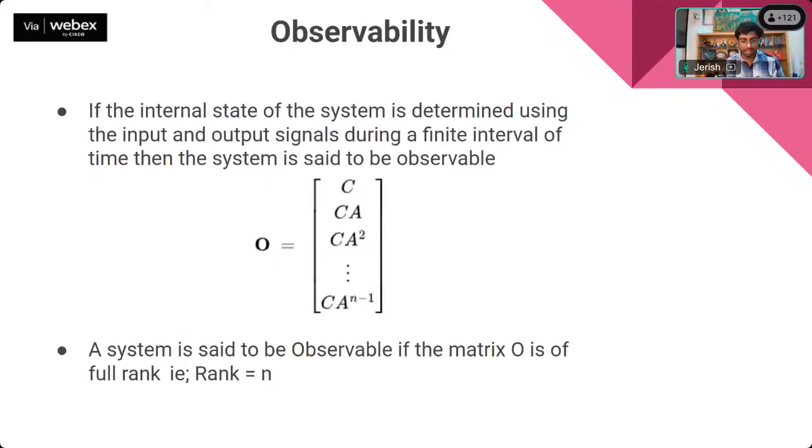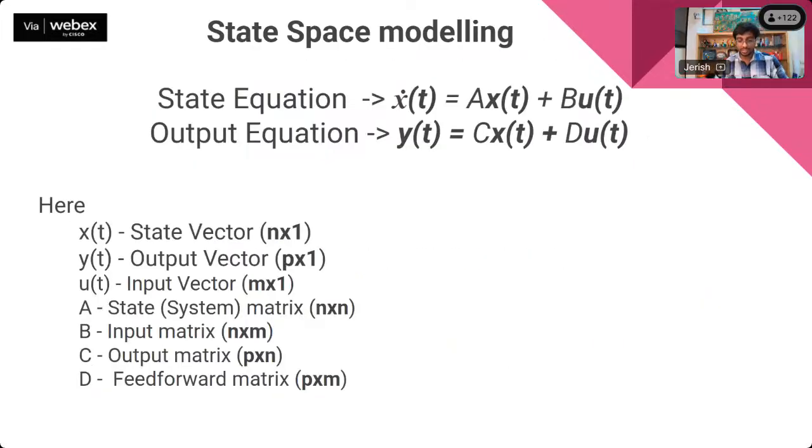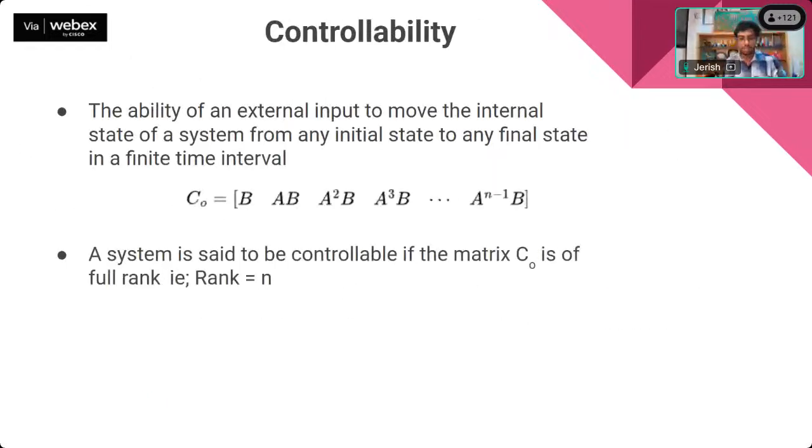Okay. Similarly, observability. We might have seen the output, y is equal to Cx, and for now we can just consider that D is a zero matrix. The state is mapped to the output by C. So we need to know how much of the state can be observed from the output.